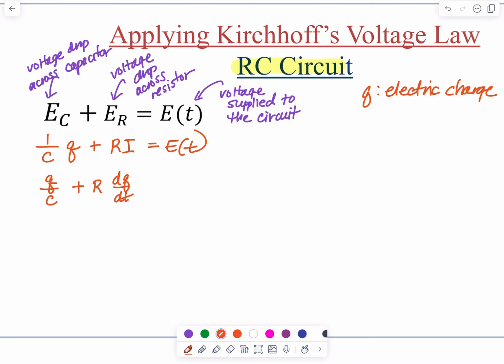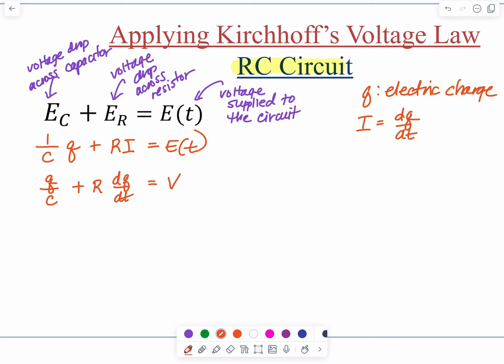And here we know that the capacitor current is the rate of change of its charge. And we will go ahead and let this E of t equal our voltage, since our voltage is a constant. And we also want to make sure we know that I is equal to dq dt.